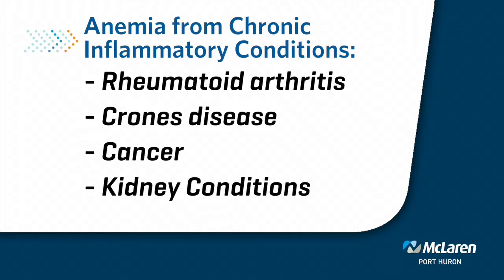Like hypertension is a chronic condition, but it's not an inflammatory condition, so that's not likely to cause anemia. But let's say somebody has chronic inflammation from rheumatoid arthritis, or Crohn's disease, or ulcerative colitis, or someone has a non-healing wound on the leg, diabetic patients for example, somebody has chronic gangrene because of poor circulation.